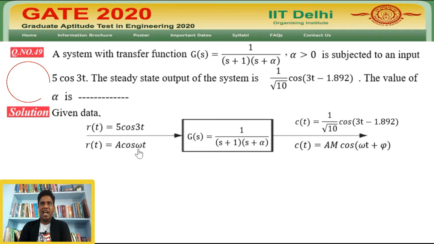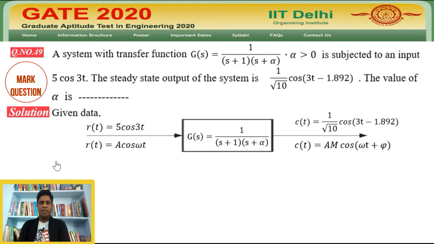The angular frequency omega equal to 3 does not change between input and output, and the input angle phi equal to 0 is changed into the output angle phi equal to minus 1.892.